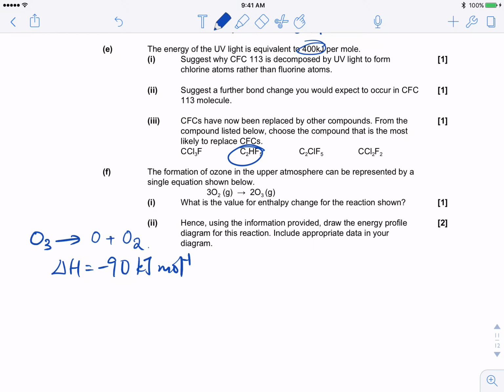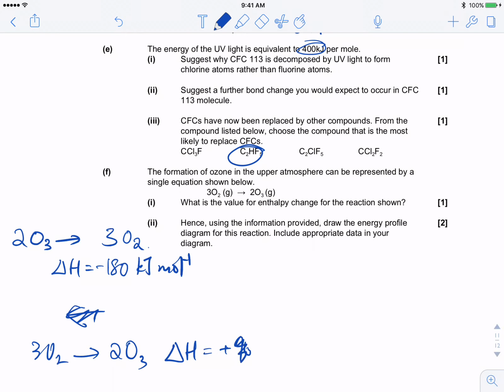Okay, so now it's the opposite. I times 2 the whole thing. 2 oxygen atoms is equivalent to 1 oxygen gas. So let me just write it as 3. So this one, obviously, my value must times 2 to become negative 180. But they're asking me from the opposite direction. What they want is 3O2 gives me 2O3. Therefore, my sign must change into positive 180 kilojoules per mole.